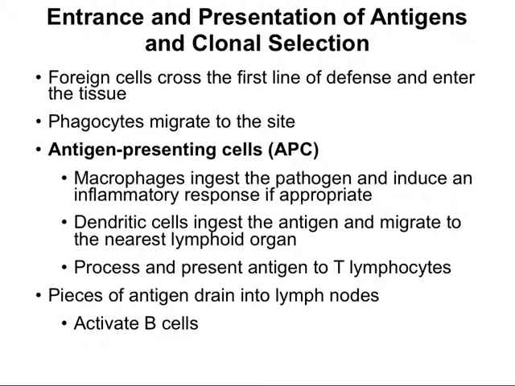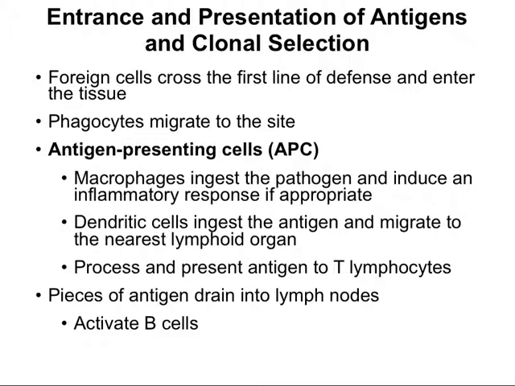And then the dendritic cells are going to ingest antigens and migrate to the nearest lymphoid organ. That nearest lymphoid organ is probably going to be the lymph nodes that drain that particular area. Here, in these organs, they're going to process and present the antigen to the T lymphocytes.